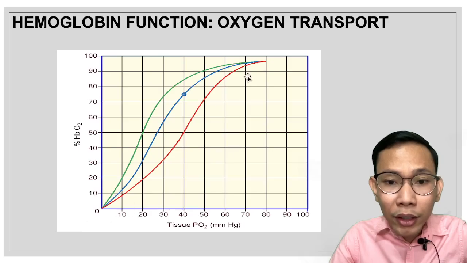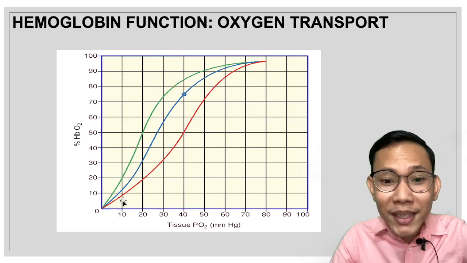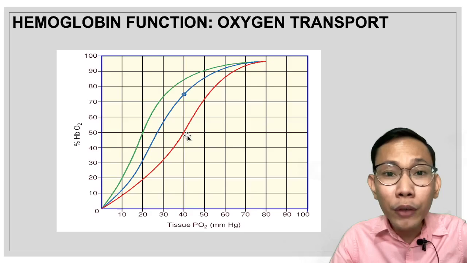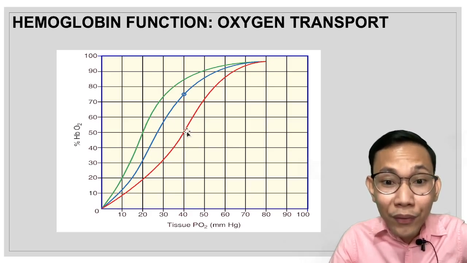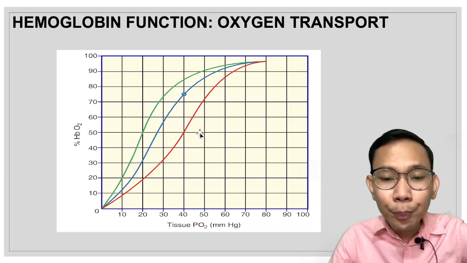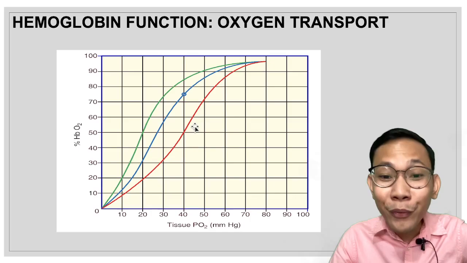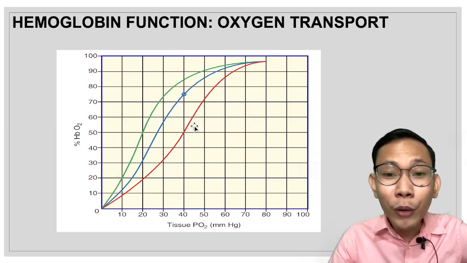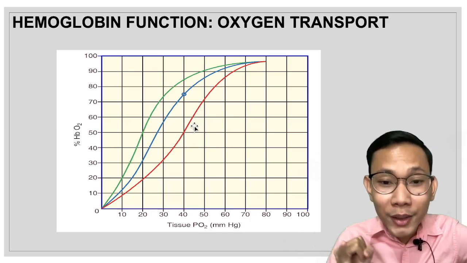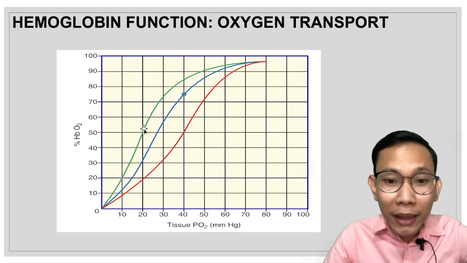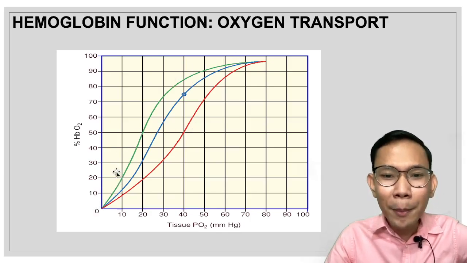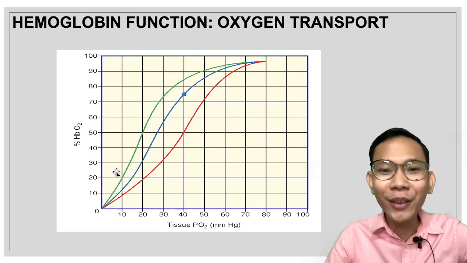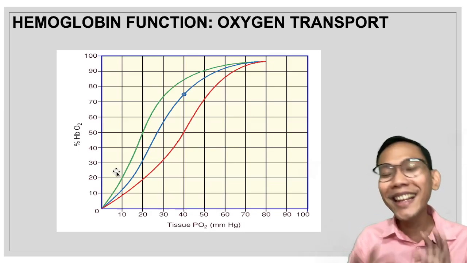Is it the right curve or the left curve? Of course, your right curve. Because if it is 50% saturated, meaning 50% is capable of leaving to the tissue, compared to the normal curve. So the right shift curve is capable of releasing more oxygen compared to your left shift curve. Why is that? We will know later. Okay, I'll just explain it.